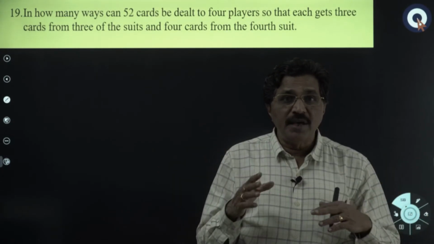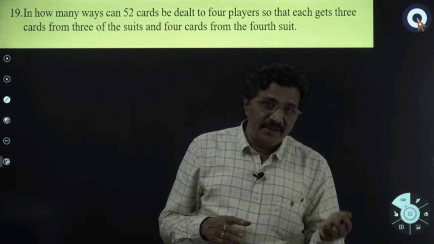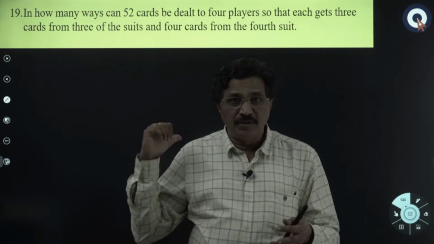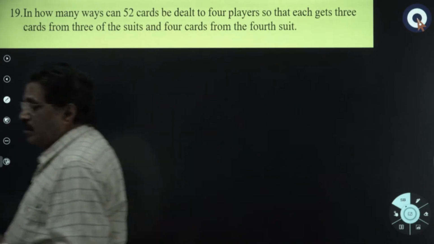And in all these cases, the boxes are distinct and the objects can be distinct or identical. So this comes under equal distributions.